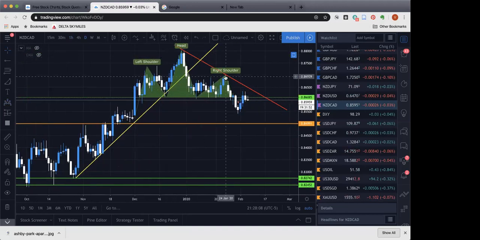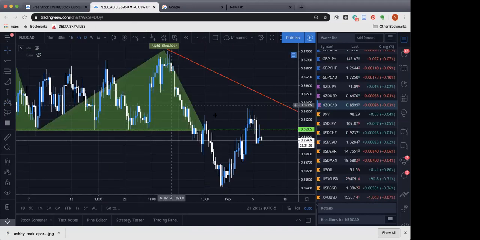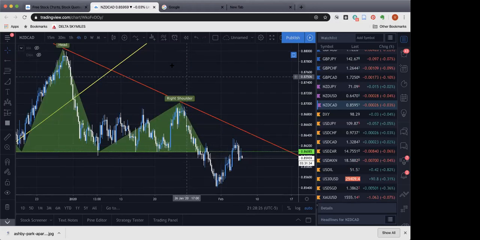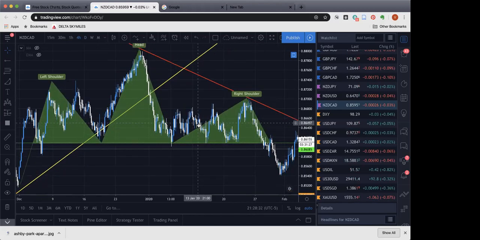So you could literally have sold right here, took profit at the neckline, and notice how price broke through, came back and retested this neckline to continue down. So you see this reversal pattern, head and shoulder pattern.